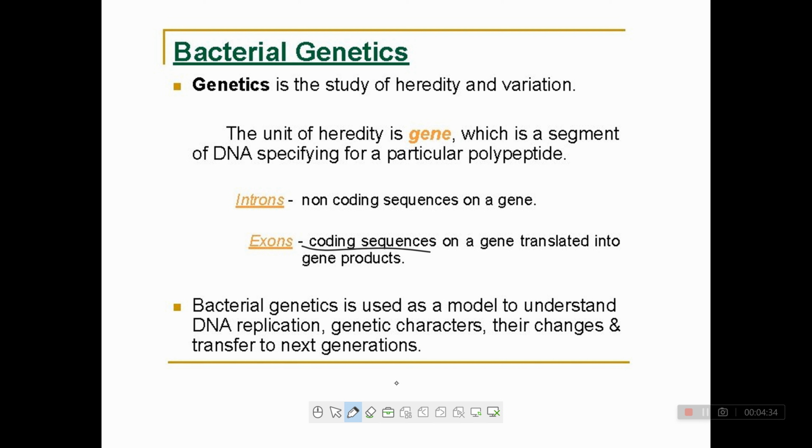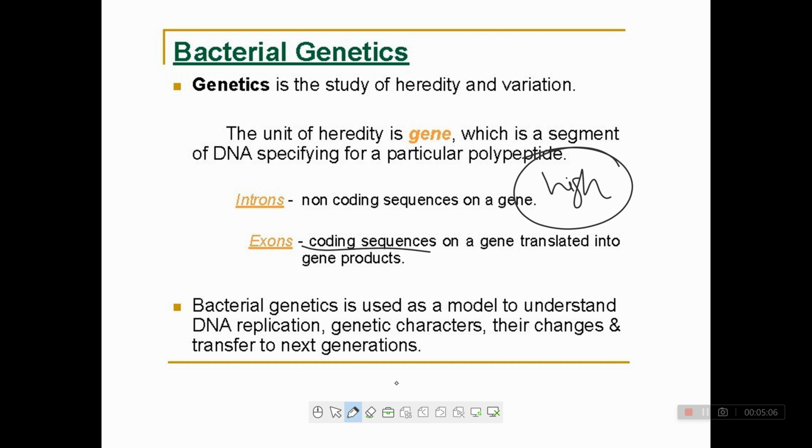Bacterial genetics is used as a model to understand DNA replication, genetic characters, their changes and their transfer to the next generation. This is because bacteria are prokaryotes, small, and their multiplication rate is very high compared to eukaryotes.